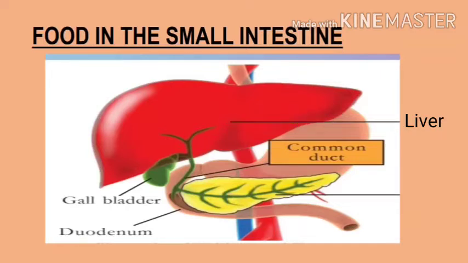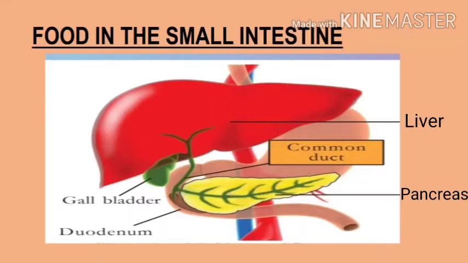Below that you can see a leaf-like structure, and that organ is known as the pancreas. It is a digestive gland as well as an endocrine gland. Endocrine gland means the gland which secretes hormones.